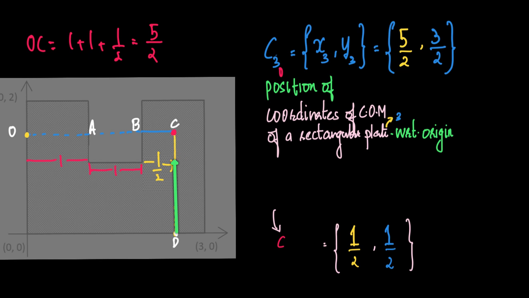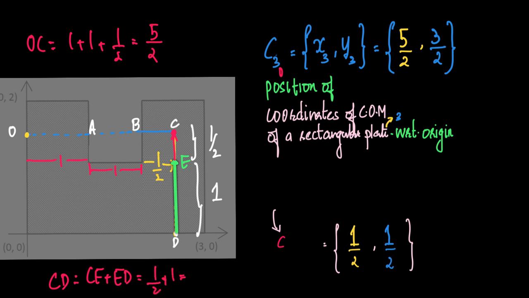And how much is D to E? D to E here is 1. And how much is CE? CE is half of this width, which is 1 by 2. Therefore, CD is equal to CE plus ED, which is half plus 1, which is 3 by 2. And the coordinates therefore are x3, y3 equal to 5 by 2, 3 by 2.